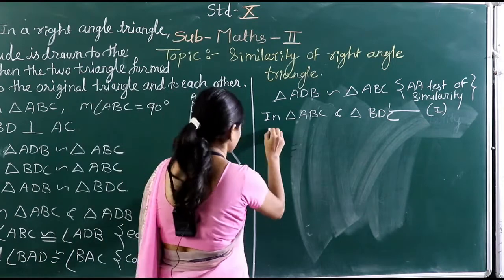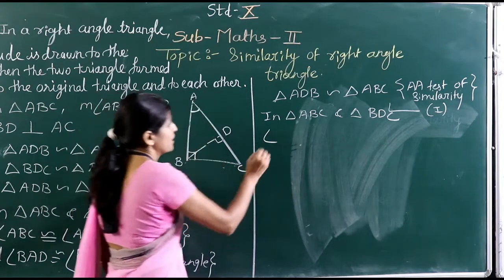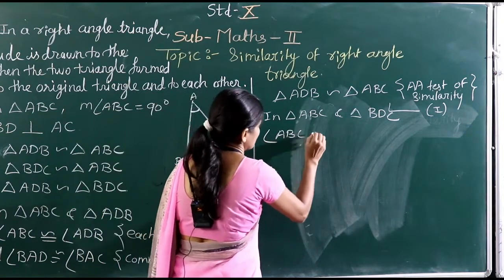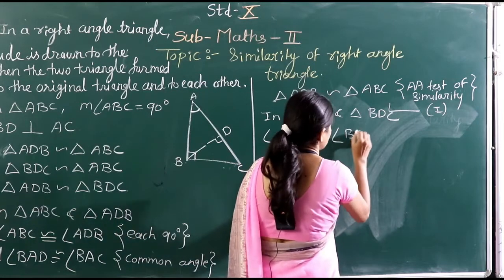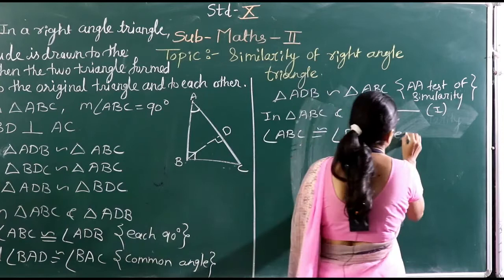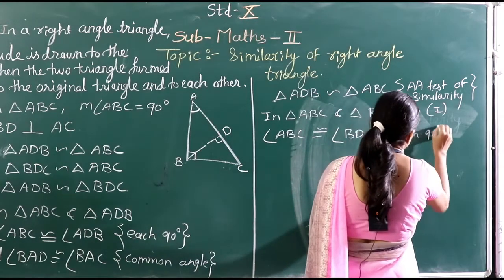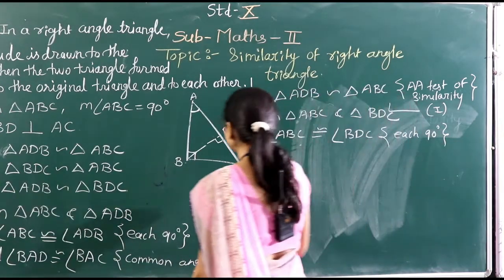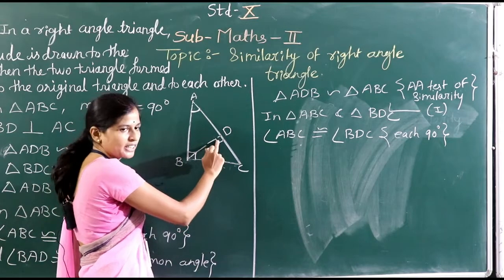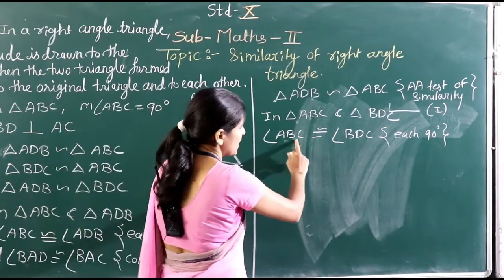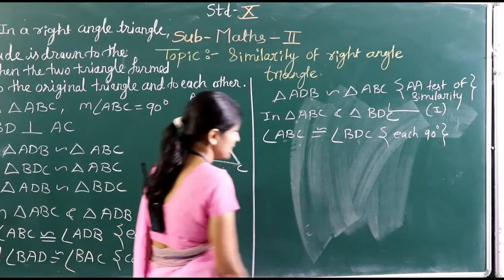One is angle ABC is congruent to angle BDC. Both triangles are right angle triangles, each angle is 90 degrees. ABC is 90 degrees and again in BDC, angle D is 90 degrees. So we write angle ABC is congruent to angle BDC, each 90.